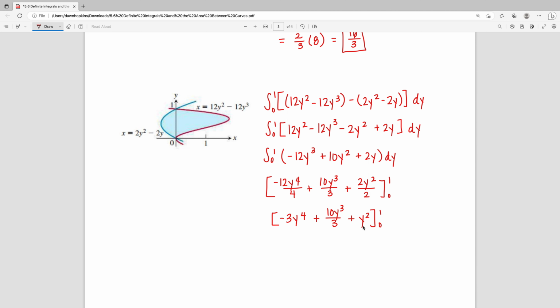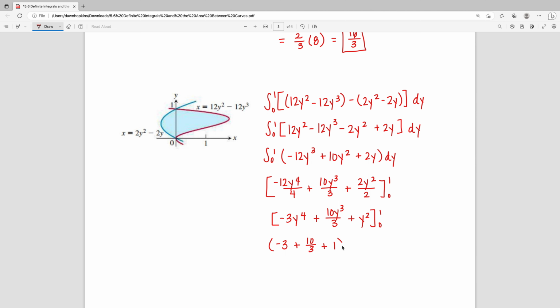Starting with the 1, I'm going to have negative 3 times 1 to the fourth, that's still negative 3. 10/3 times 1 to the third, so it's 10/3, plus 1 squared, which is 1.